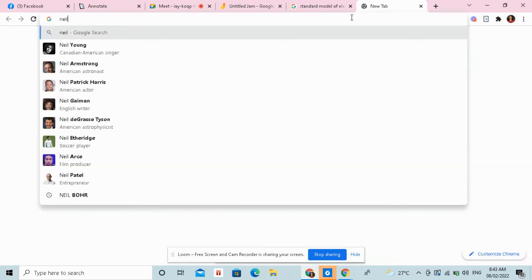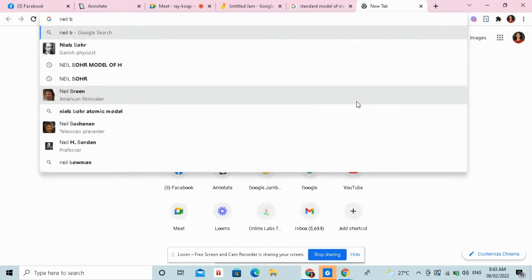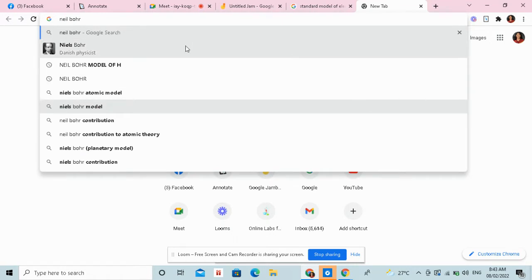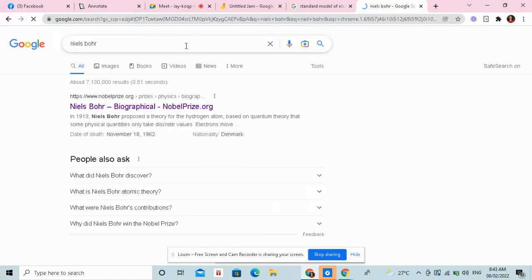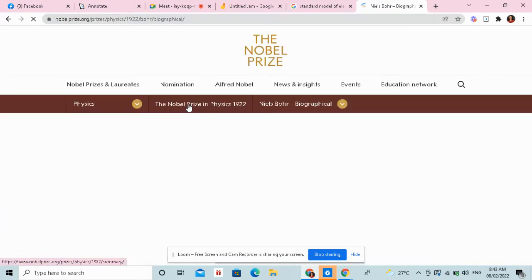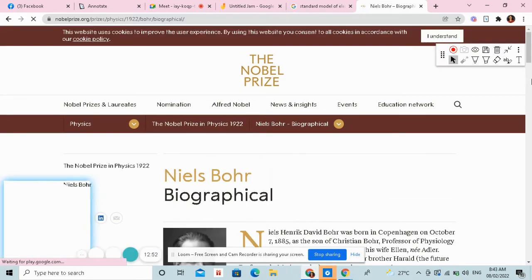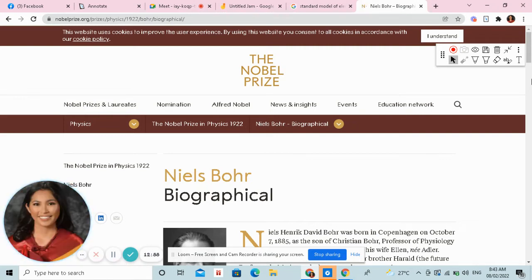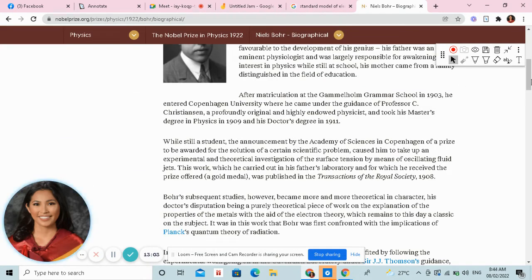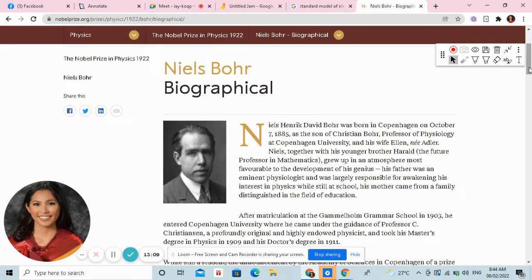Now also we have Niels Bohr. Okay, we have this scientist, Niels Bohr. So he has that model of an atom, specifically the hydrogen atom.